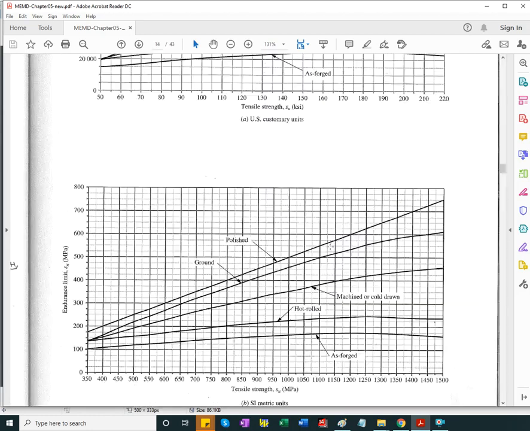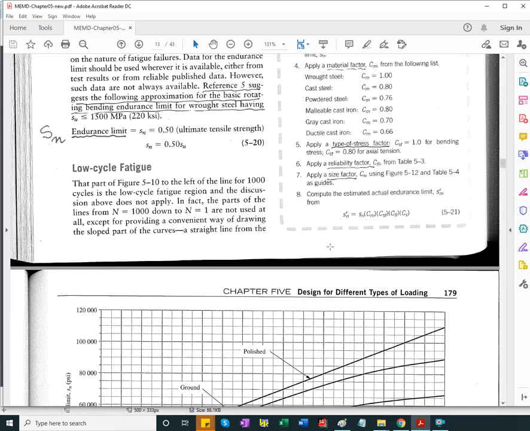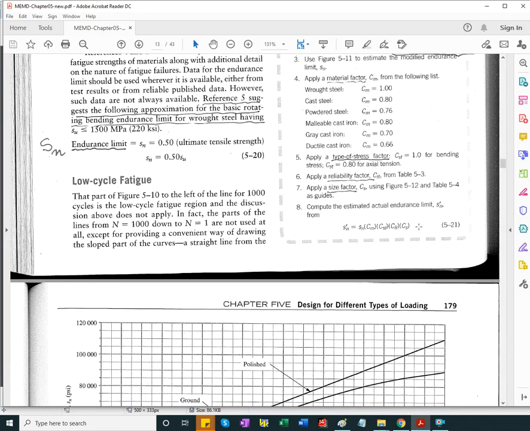And finally, we have the size factor. The standardized Moore test specimen is 0.3 inch diameter. Actually, larger parts have higher chances of developing a fatigue crack, and again we're talking rotational bending.